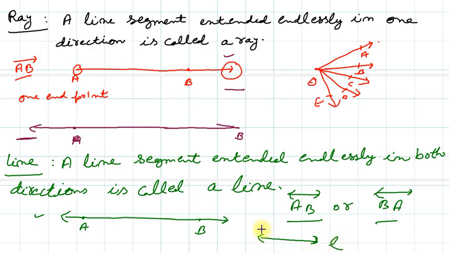So students, this was the difference between a line segment, a ray and a line. Now you have understood well what we mean when we say a line segment, ray or a line. Let us move to the next point.